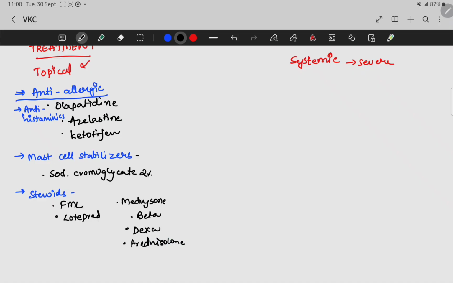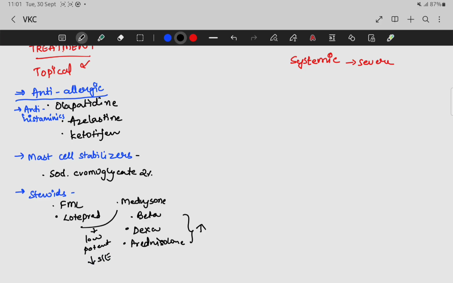These are reserved only for very severe cases, and these are commonly used post-operatively, right? The complications are low with the low potency steroids. Okay, so that is regarding steroids.